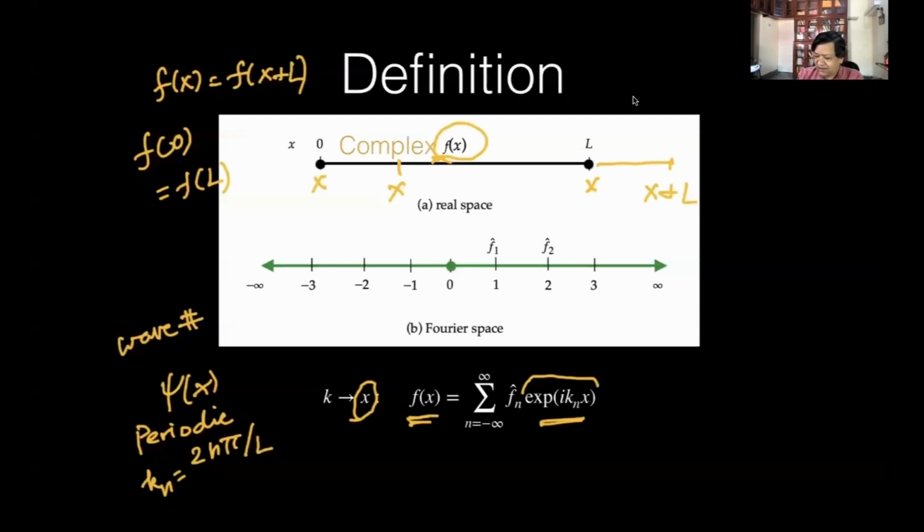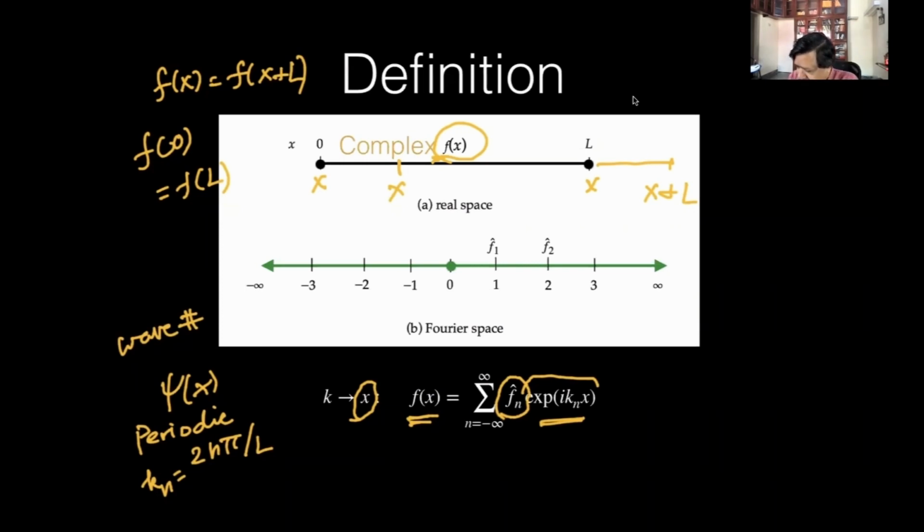So we write e to the power i k_n x. Now there is an amplitude in front, like the amplitude of the wave, f hat n. And we just sum it up.